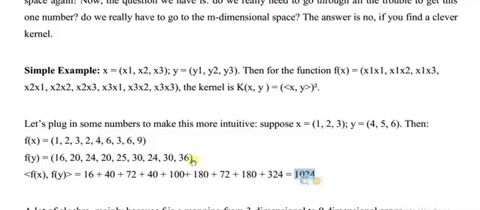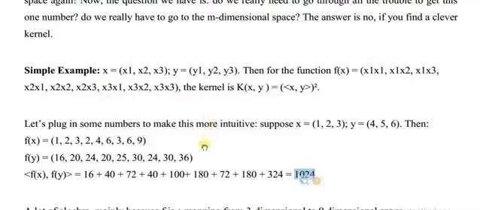What we did is map this 3-dimensional space into a 9-dimensional space through f of x.